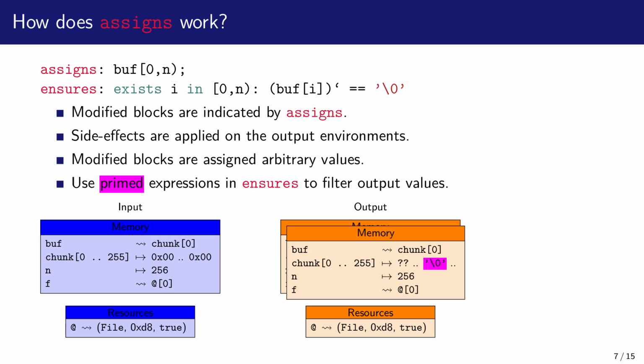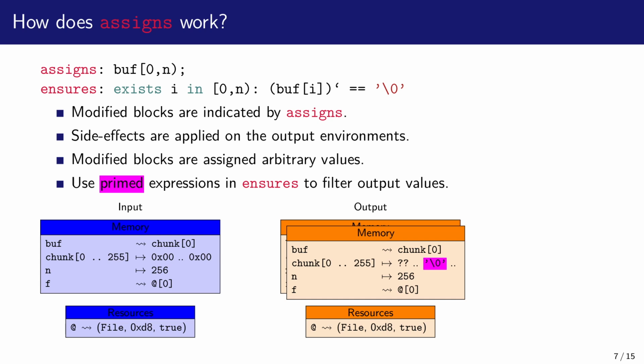Similarly also to allocation, we can refine the post state using the statement ensures, but the thing here is that we have to use the primed notation in order to refine the value of a modified buffer in the output state. For example, we know that the function fgets always puts a null terminating byte in the reception buffer, so we can express it by ensuring that one of the modified bytes should be null.